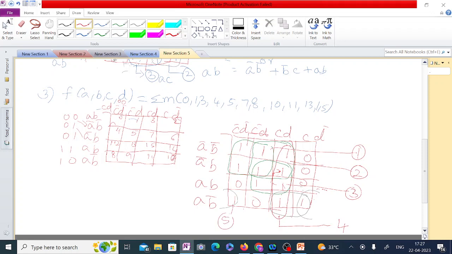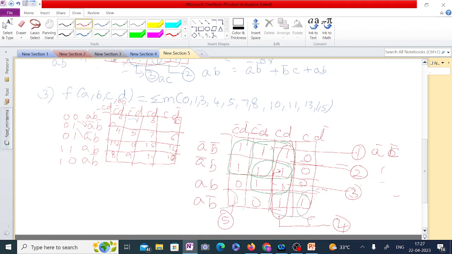Okay. So now we will write down the expressions for each one of them. For this, the expression would be A bar, which is constant, and here C bar. A bar, C bar. See, in a 4 variable expression, if you get a quad, it would be 2 variables what you will get. So you will get A bar, I'm sorry, this would be C bar.